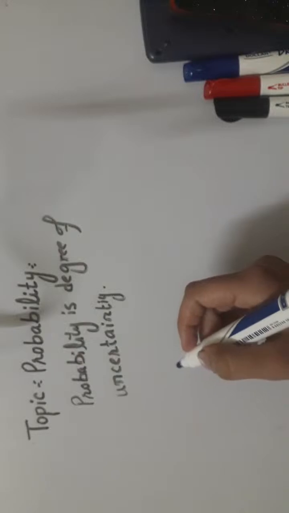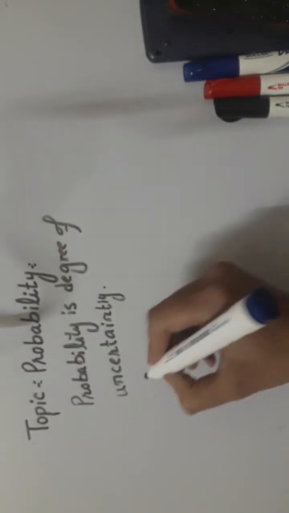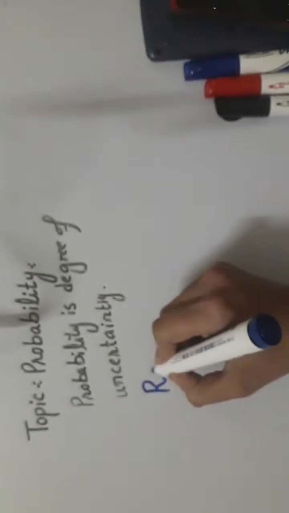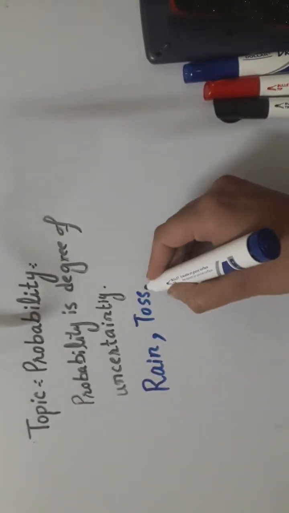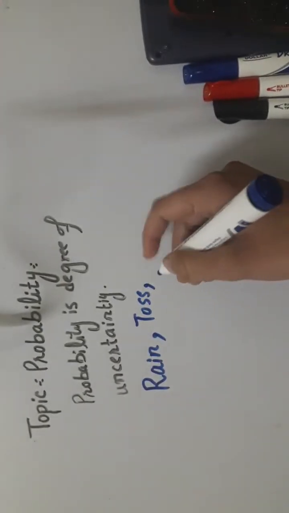What is the probability that today is raining or not? Or in a cricket match, you will study that a team win match or lose the match. Rain, toss of a match, that which team win the toss and which team lost the toss. So these are the important application that we use in daily life. Many doctors use probability in their medical test and predict the patient's reports to cure a disease.